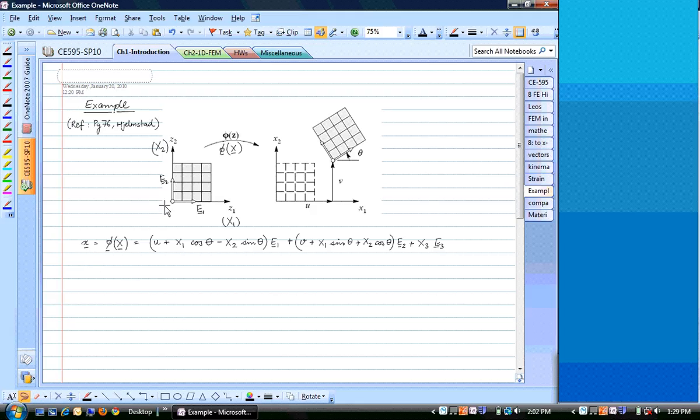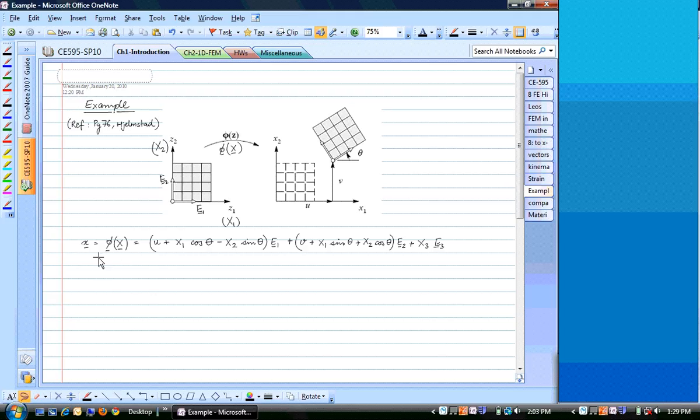You can imagine there's a third dimension into the screen, and this body is going to deform in a rigid way. There's going to be a rigid body translation, so this origin will translate from here to here, and then we are also going to rotate it by some small amount theta, a rigid body rotation.